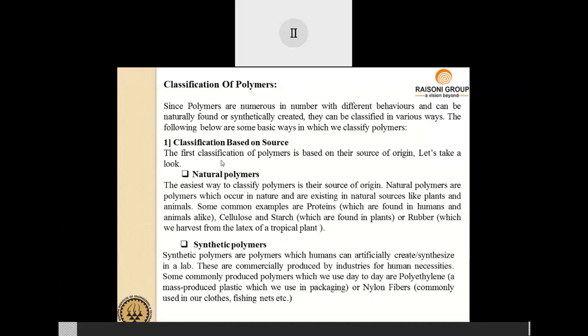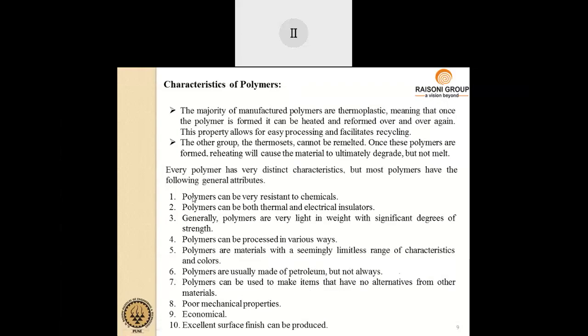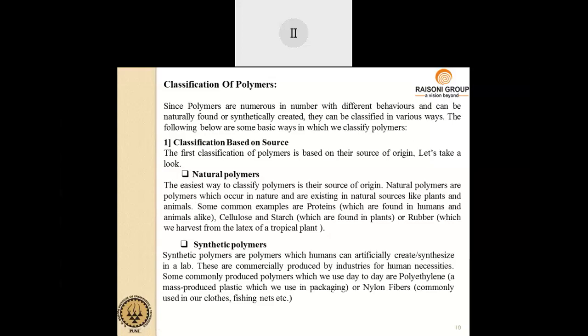So our next part is types or classifications of polymers. As you know, polymers are numerous in number. Very different types of polymers you can get, and they can show different behaviors and different properties. So this classification is very widened.